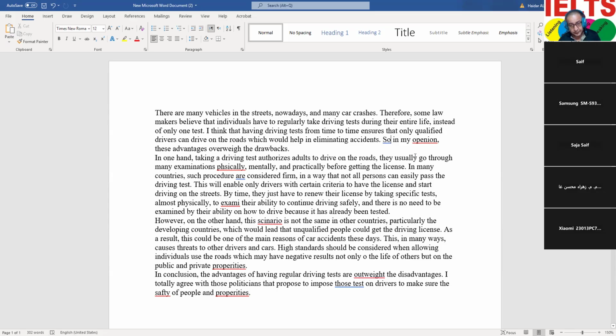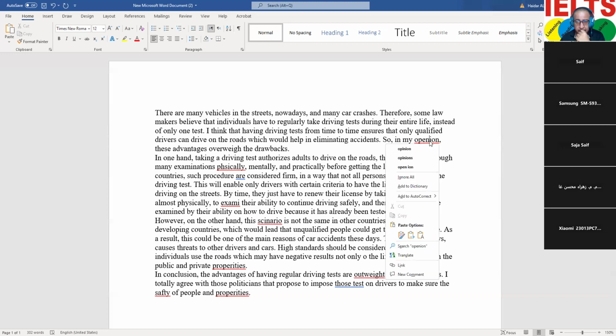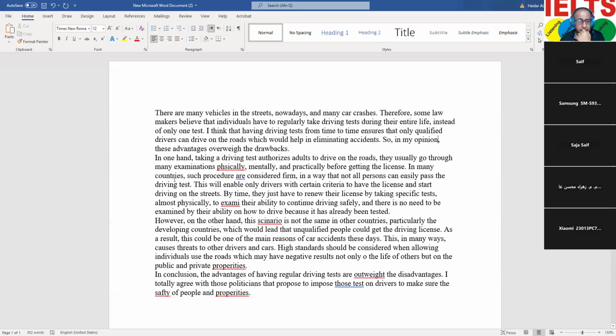So, comma, in my opinion, these advantages outweigh. Okay. Opinion with an I, a spelling mistake. Outweigh the drawbacks. Okay? On one hand, taking a driving test authorizes adults to drive on the roads.